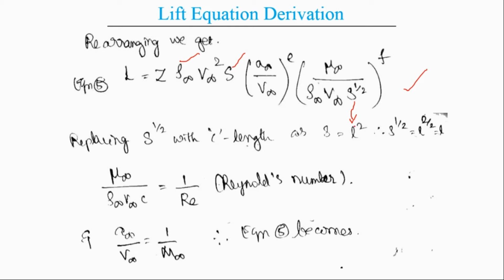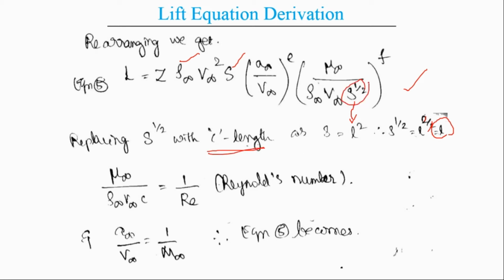Here S is nothing but the area, L square. When I take the square root of it, the 2 and 2 get cancelled. S is nothing but L square, that is the area. So when I substitute the value of L square over here, the 2 by 2 gets cancelled, so it is nothing but L, or a distance. This is generally known as the chord length.